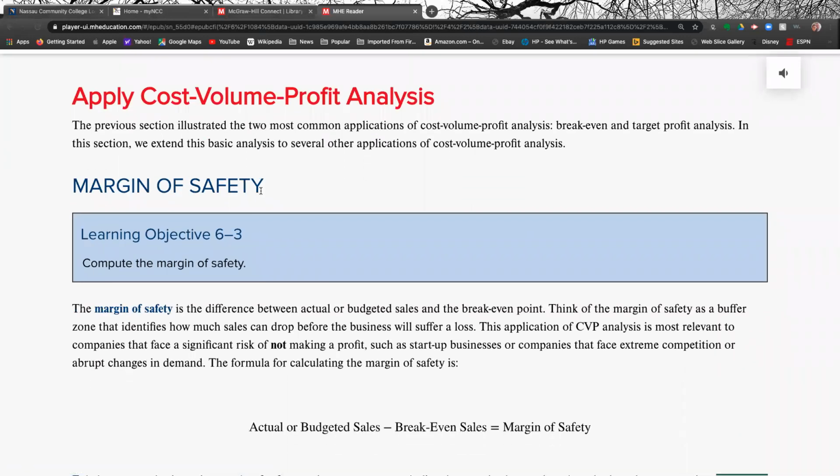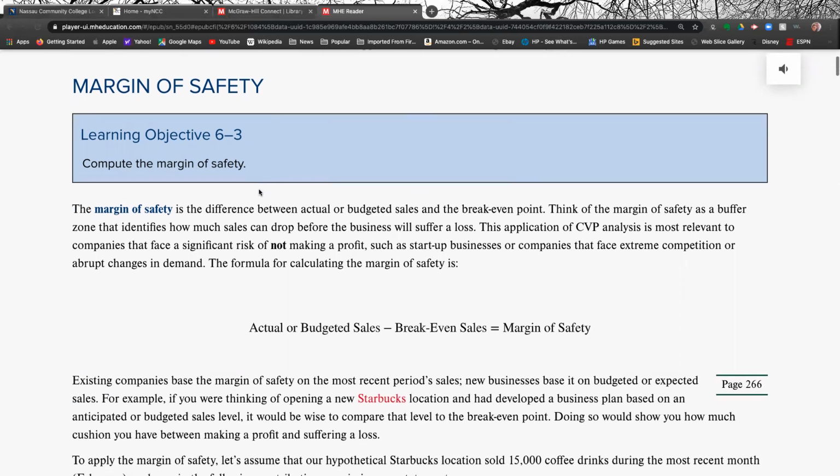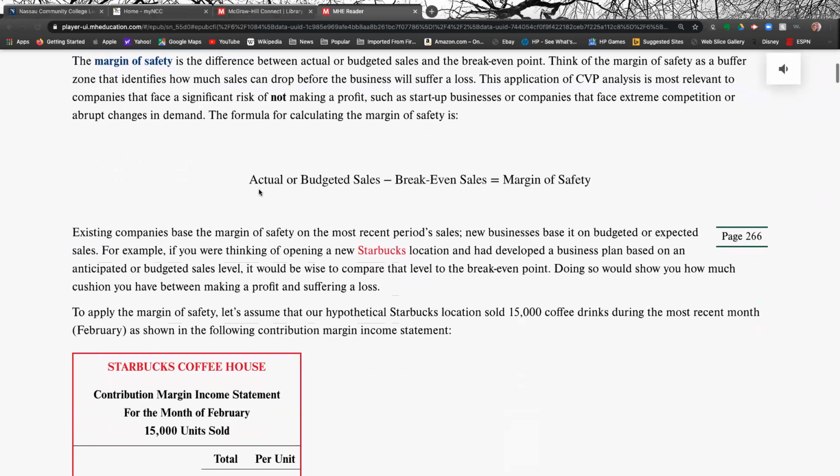Margin of safety. What is the margin of safety? It's the difference between the actual sales, or budgeted sales if that's what they give you, and the break-even point. So actual or budgeted sales minus break-even sales is the margin of safety.